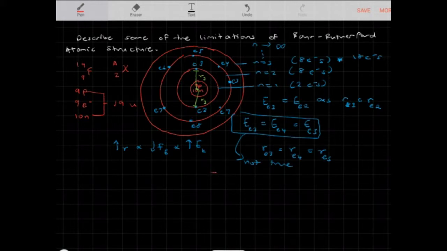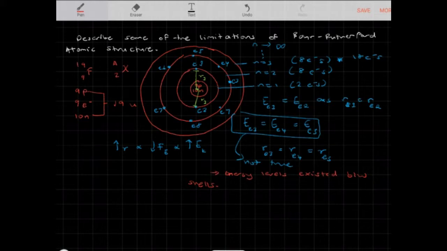So there were actually energy levels existed between shells. That there were actually energy levels within shells, right?